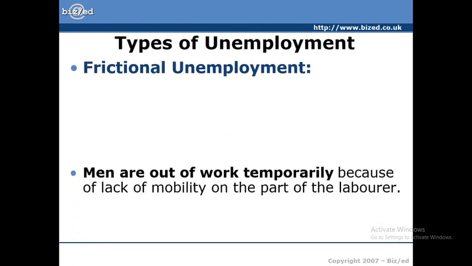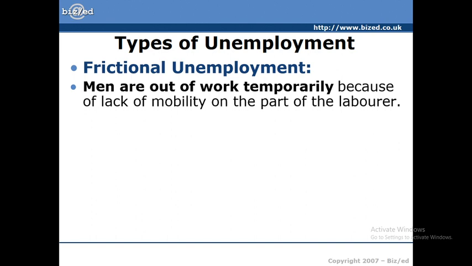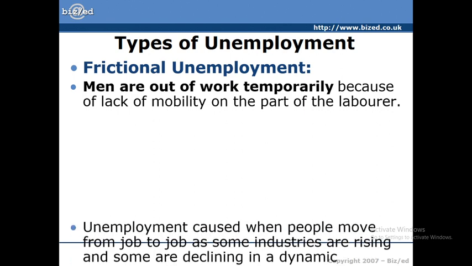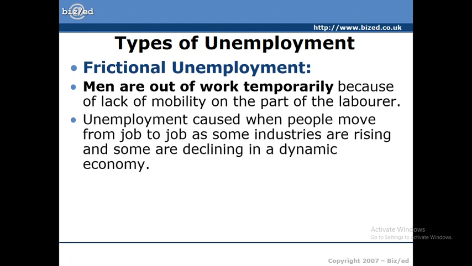Frictional unemployment. What is frictional unemployment? Men are out of work temporarily because of lack of mobility on the part of the laborer. It is unemployment caused when people move from one job to another, as some industries are rising and some are declining in a dynamic economy.